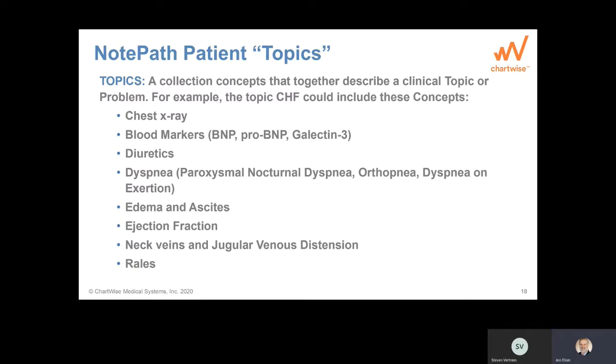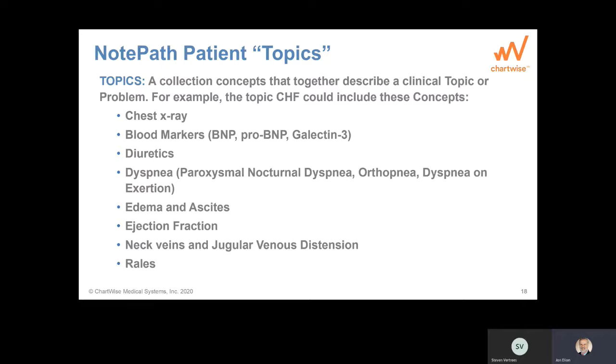And we take it one step further and go to the highest level, which is the topics. And I think this will really become clear when we look at COVID-19 and how we've organized it. This particular slide just gives an example of congestive heart failure, which includes not only the diagnostic terms in ICD-10, but a lot more than this.